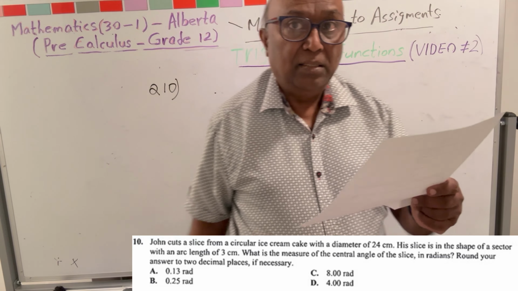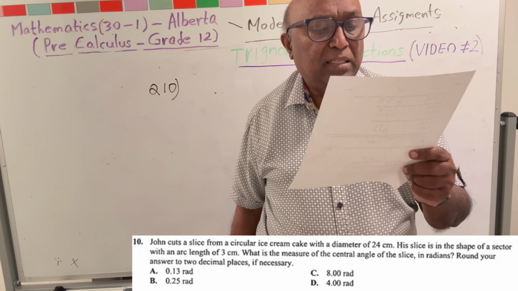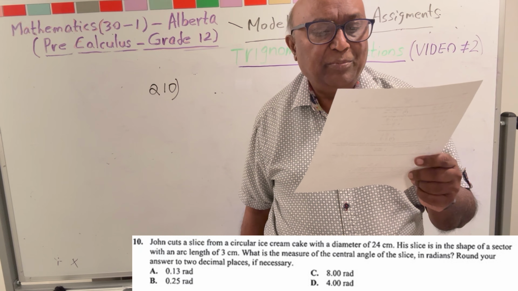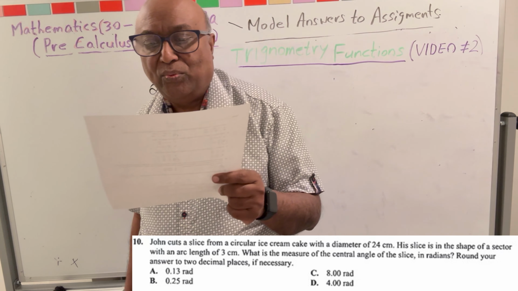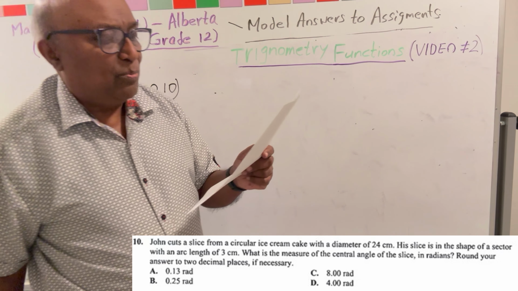That says, John cuts a slice from a circular ice cream cake with a diameter of 24 centimeter.